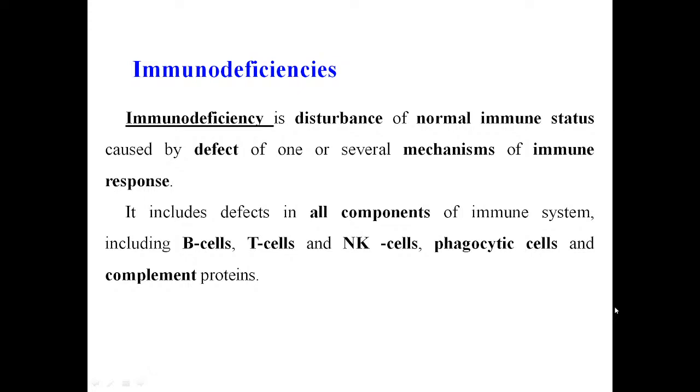Which mechanisms? You remember. It includes defects in all components of immune system, including B cells, T cells, natural killer cells, phagocytic cells, and complement proteins. So immunodeficiency may be caused in any mechanism of immune response, like B cell deficiency, T cell deficiency, phagocytosis deficiency, or complement deficiency.